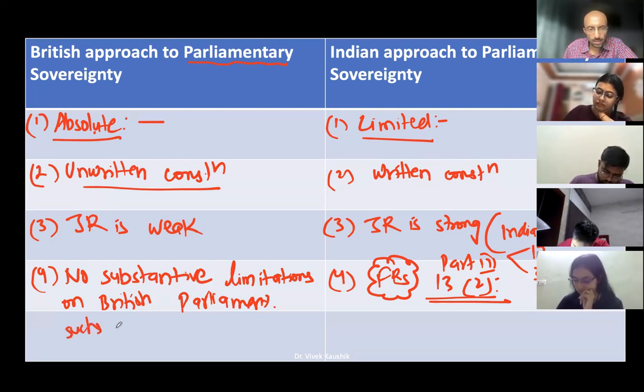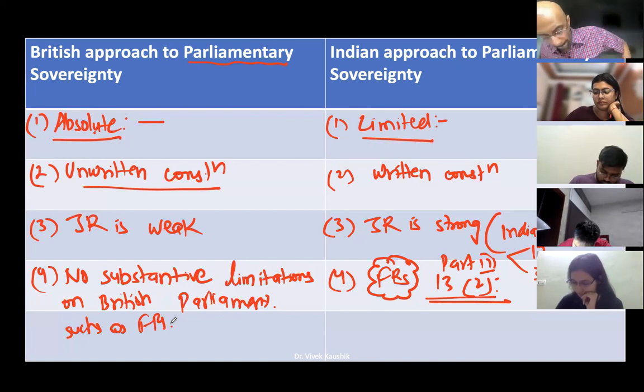And on this side, fourth point, fundamental rights (FRs) limit the power of the Indian Parliament. In bracket, Article 13, Clause 2.